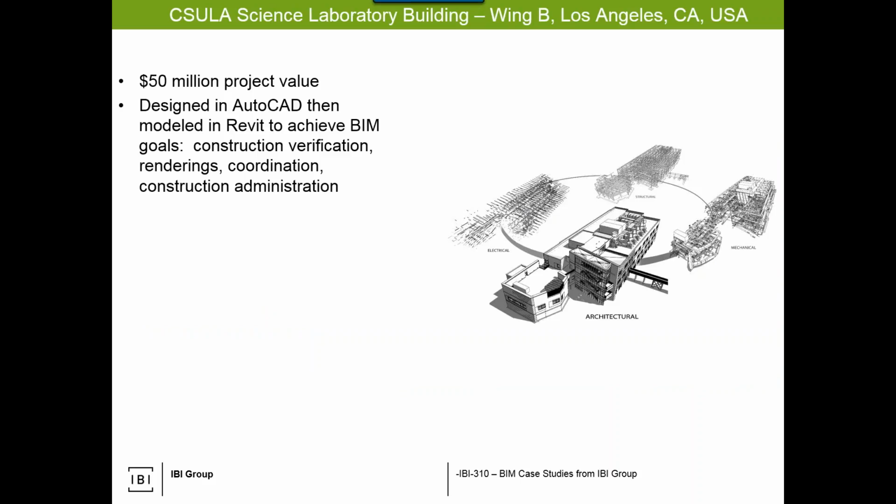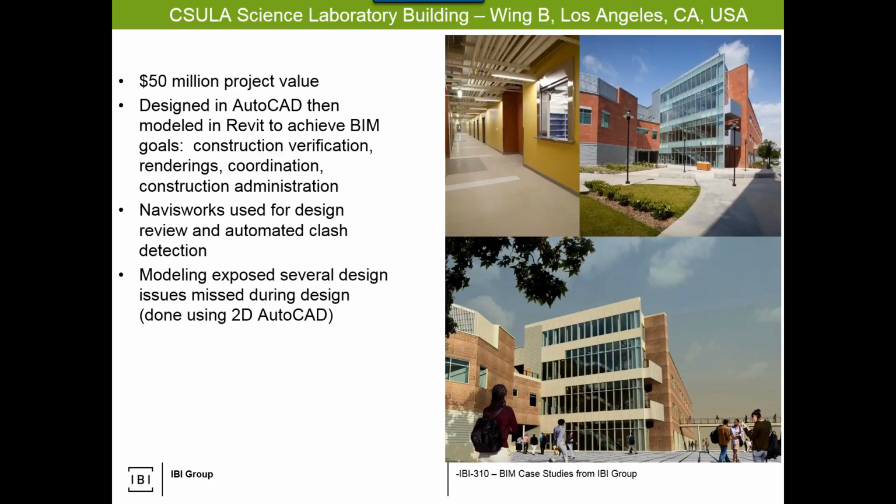Okay, the CSULA Science Laboratory in LA. This was a project that was initially designed in AutoCAD and then modeled in Revit to achieve the stated BIM goals. The construction verification goal was very interesting because they wanted to ensure that the project worked.